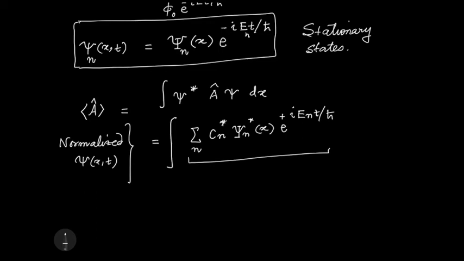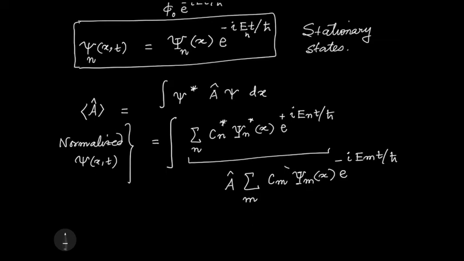Remember that we needed that. Then I need to write the same summation again, now over m, and I don't have any star now. This is again capital psi times e to the minus i Em t by h cross.